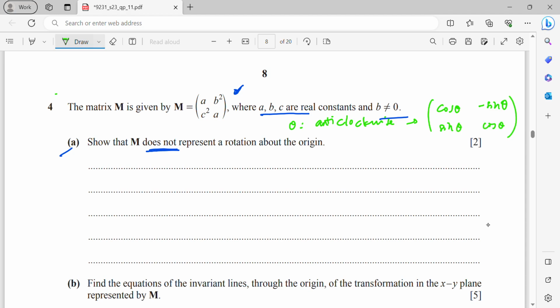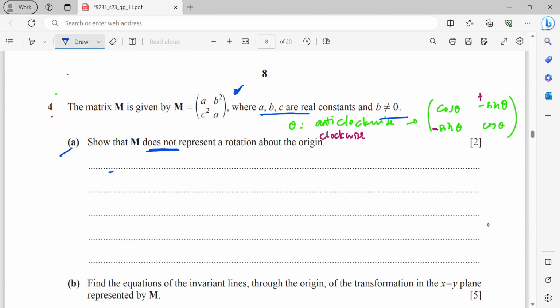But if it is a clockwise rotation about the origin as well, then you will be getting this is minus, here is positive. The rest remain. Now you will need to show that M does not represent a rotation about the origin. So I will just simply take one of these forms.